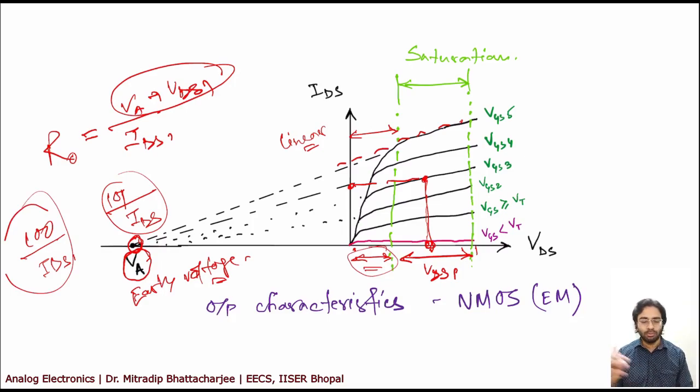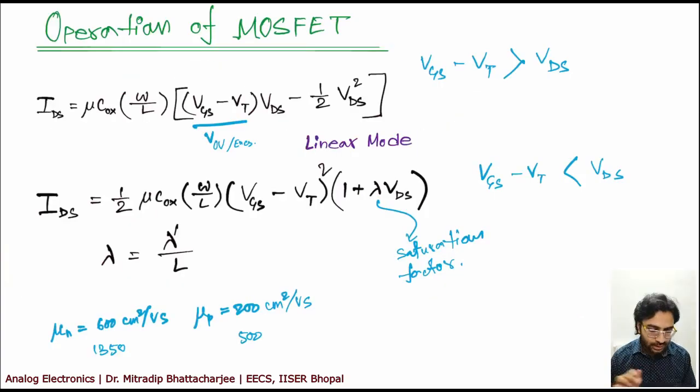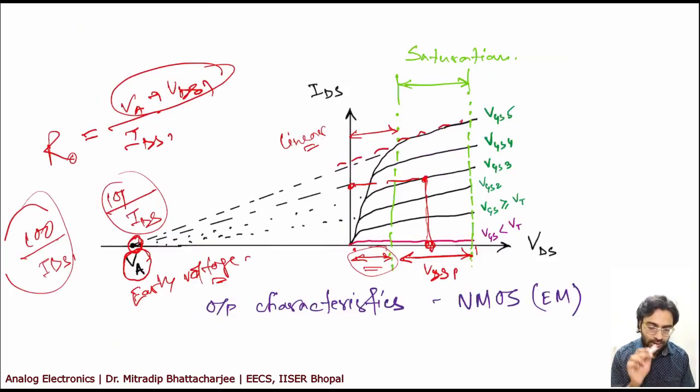So there is no point in considering this and making things complicated. So you can use VA directly. I also have explained the same thing in case of BJT. Again, I am saying here. Okay. So this is what the output characteristics is.